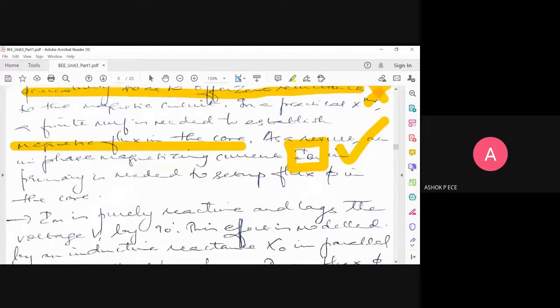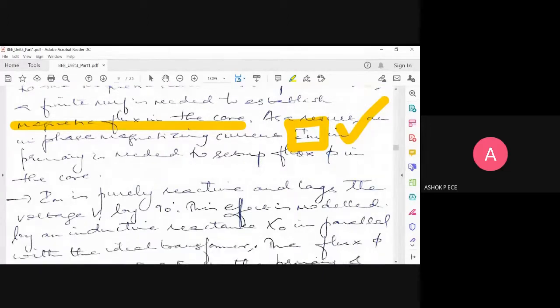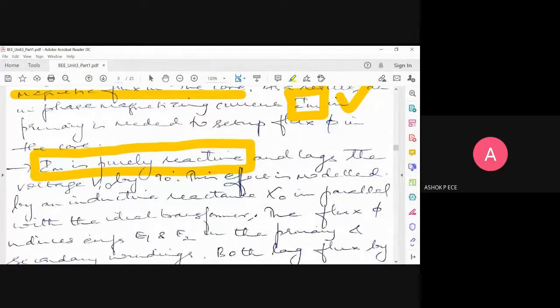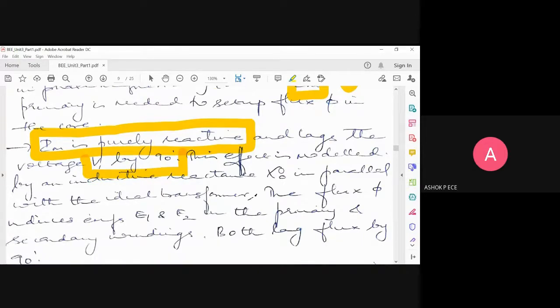And this IM is flowing through your winding. This winding is an inductor, so it is going to be a reactive current. This IM is going to be purely a reactive current. And in an inductor, voltage leads the current, so this current will naturally lag the voltage by 90 degrees. So I'm going to model this as a reactance X naught on the primary side.